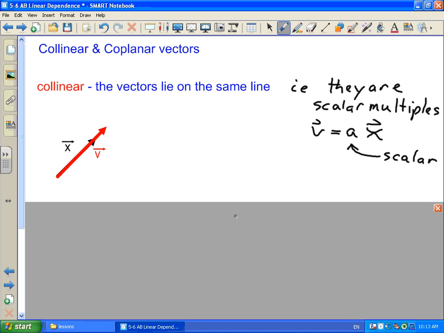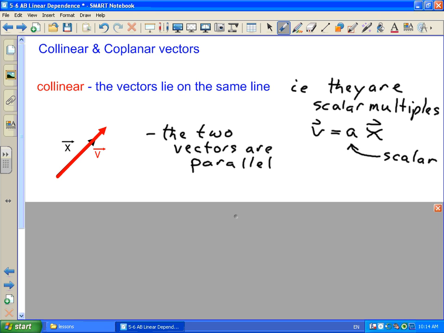Well, if one vector was a scalar multiple of the other one, we knew that the two vectors were parallel. Now, this might seem a little bit odd. I'm saying that they're collinear, which means they lie in the same line.